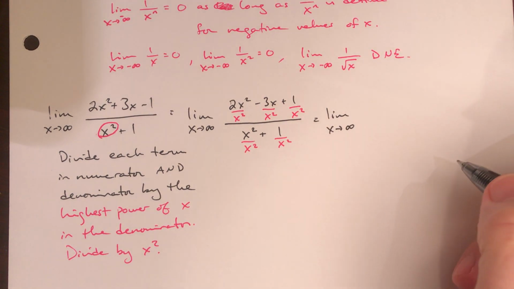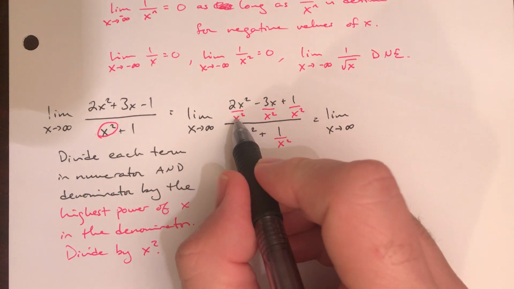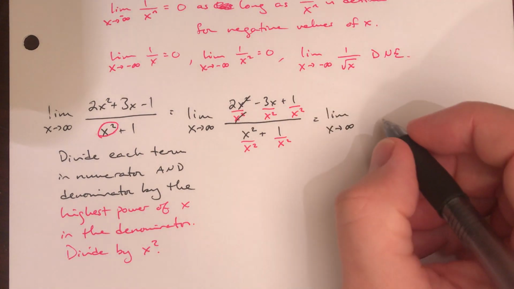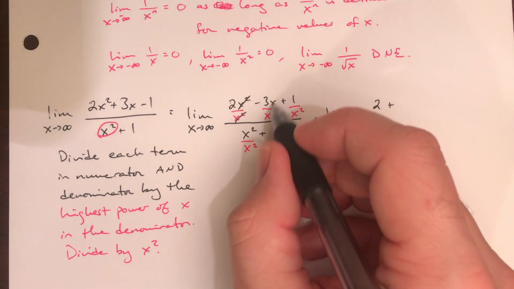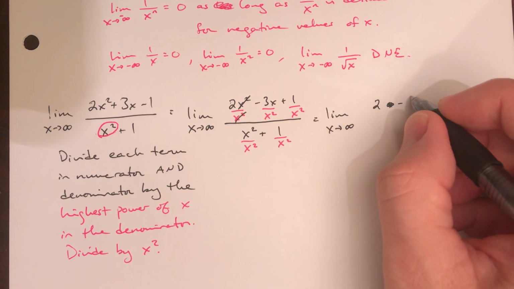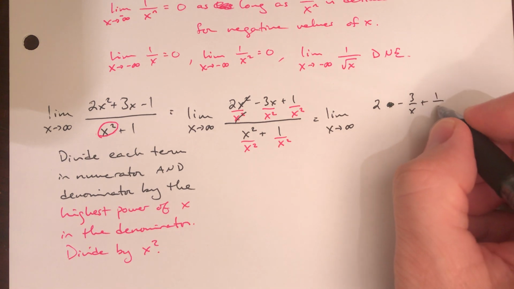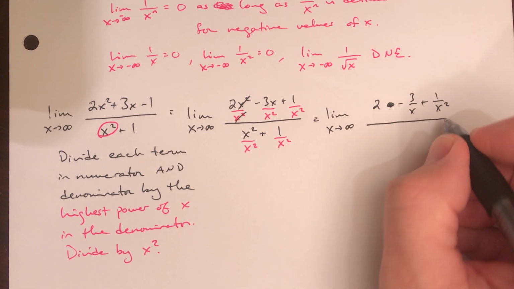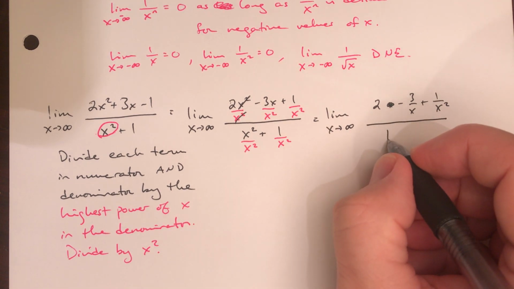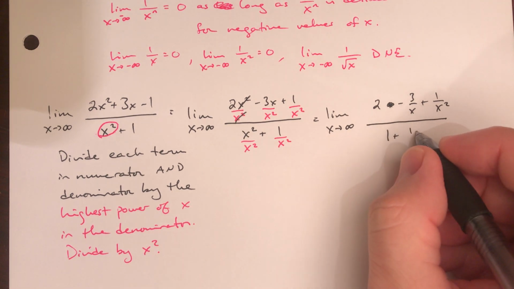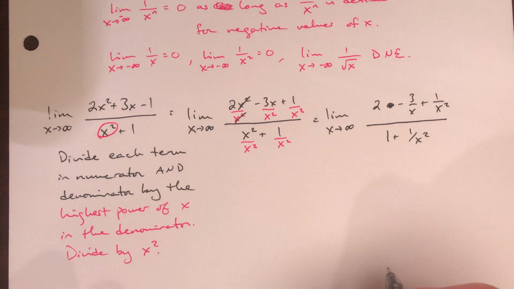So we have the limit as x goes to infinity of 2x squared over x squared. Those guys are going to cancel. 3x over x squared is going to give us negative 3 over x plus 1 over x squared, all divided by x squared over x squared, which is 1 plus 1 over x squared.